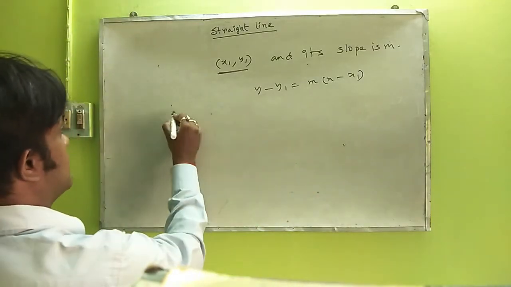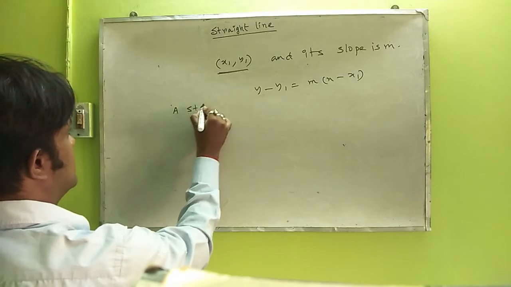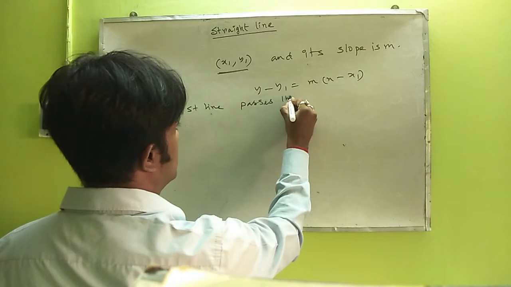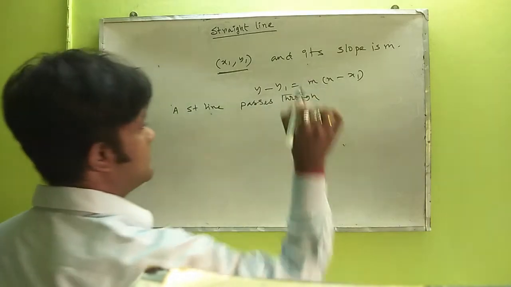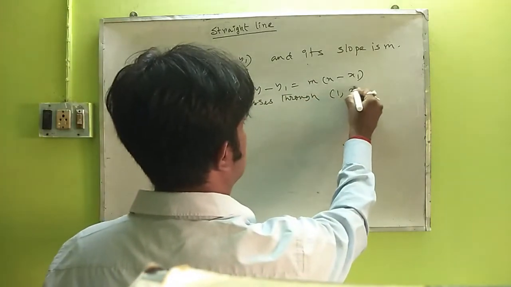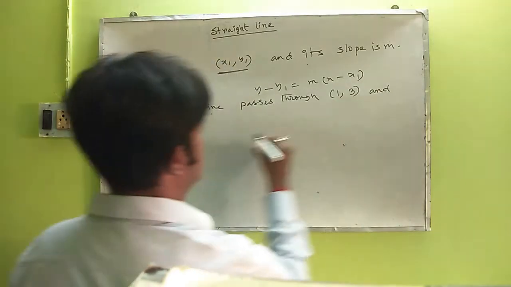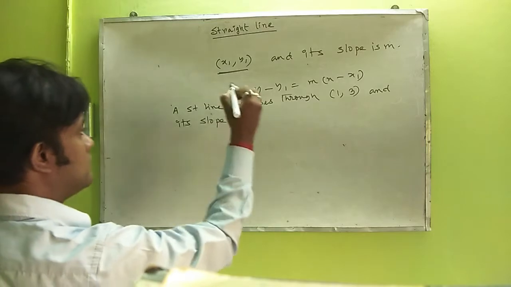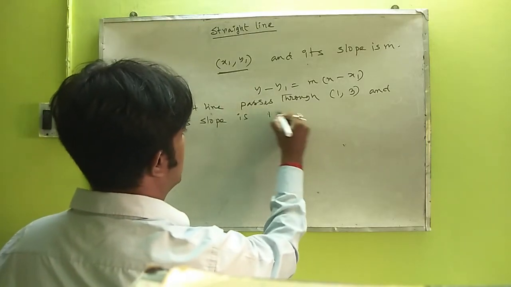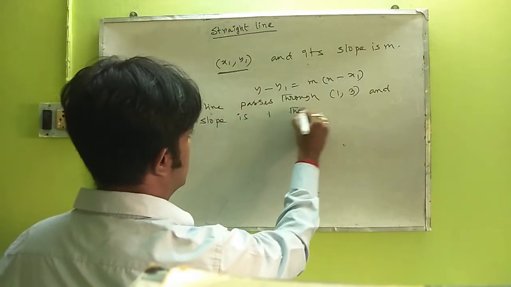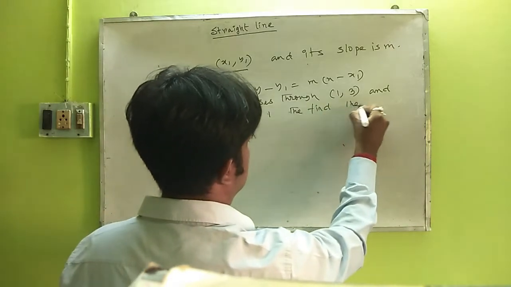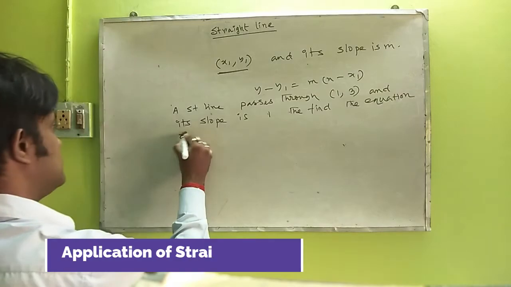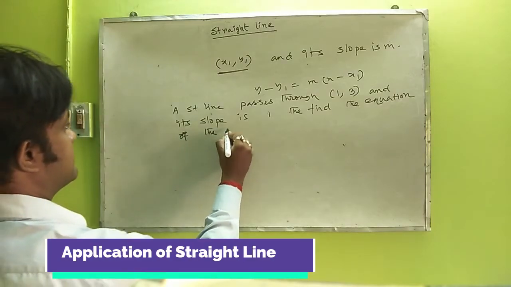So the problem will be that a straight line passes through 1, 3 and its slope is 1. Then find the equation of the straight line.